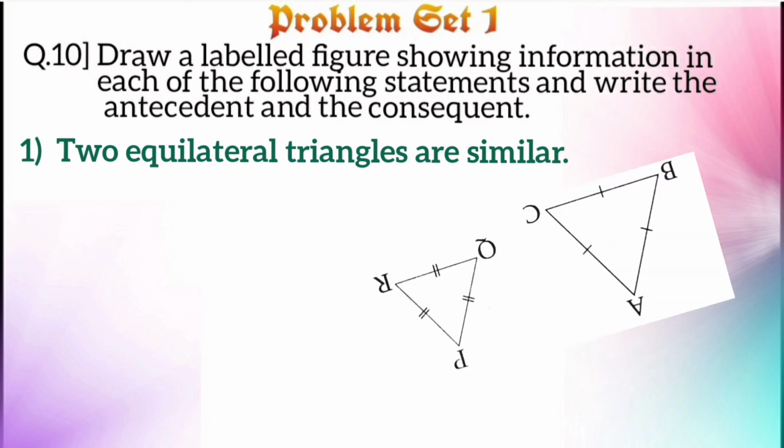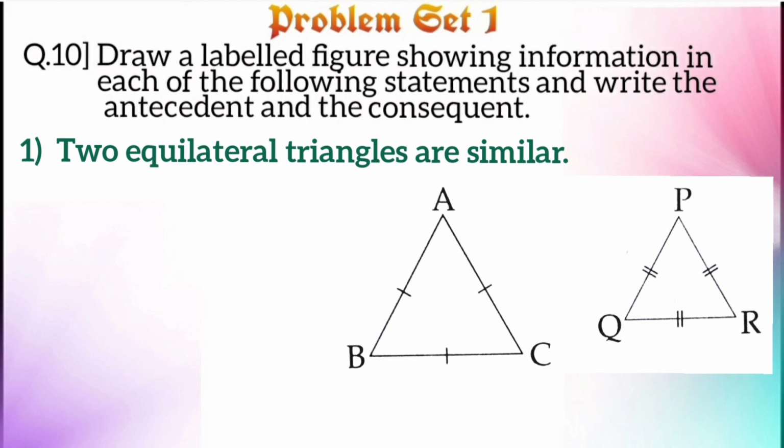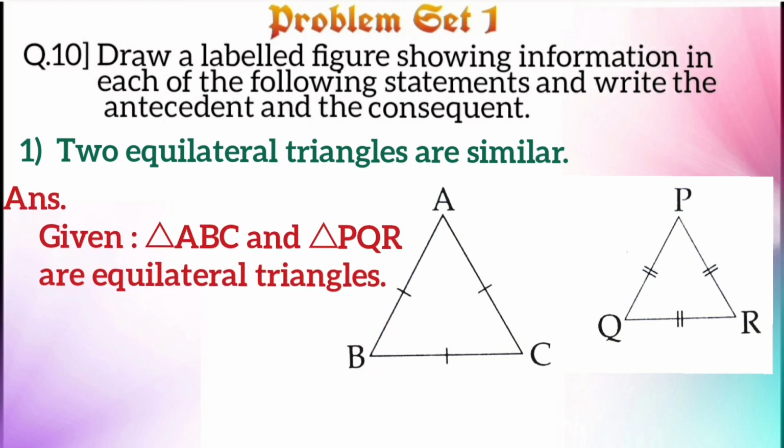In the diagram you can see there are two triangles. Let's consider the first triangle be triangle ABC and the second one triangle PQR, and they are equilateral triangles, which means all the sides are equal. So the given part here is triangle ABC and triangle PQR are equilateral triangles. Reading the statement again, it says two equilateral triangles are similar.